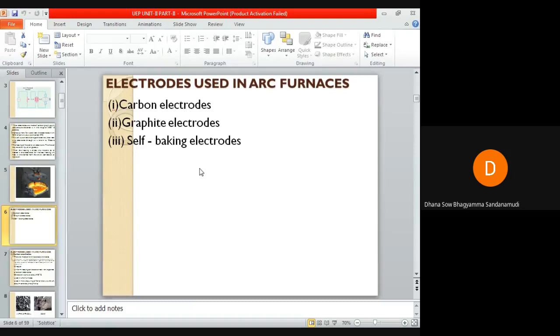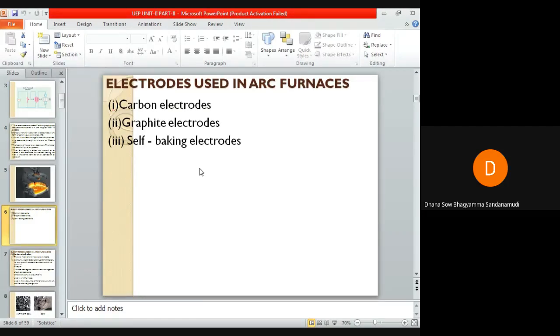Anthracite coal is a very hard variety of coal that contains relatively pure carbon, and it burns with little flame and smoke.